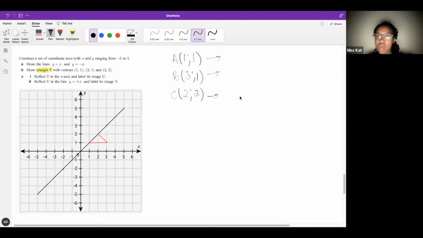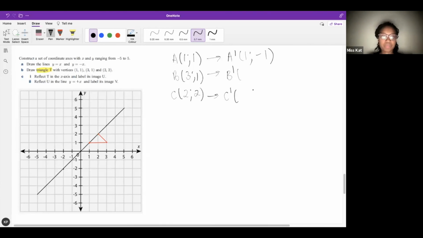We change the y values. Beautiful. So then A prime will be 1 and negative 1. Remember, we're changing the y values. So the x value doesn't change, but the y becomes negative 1.